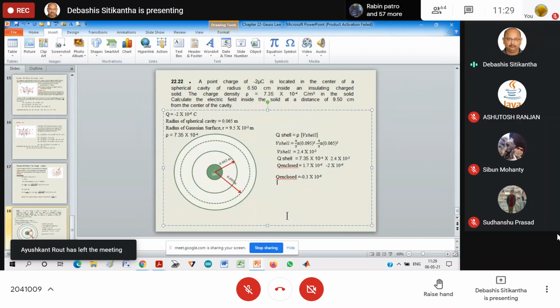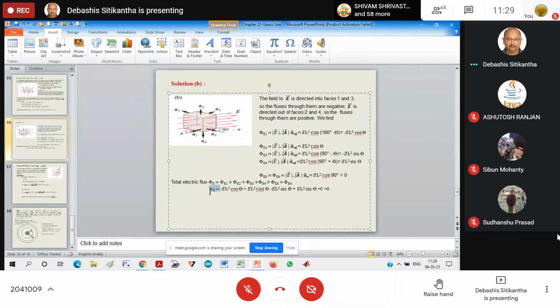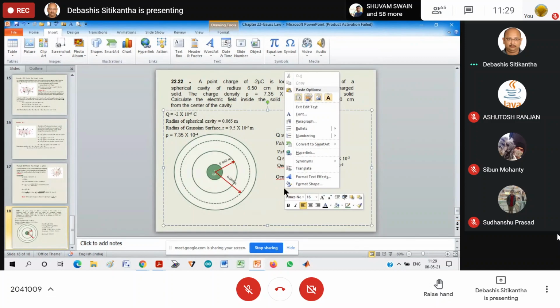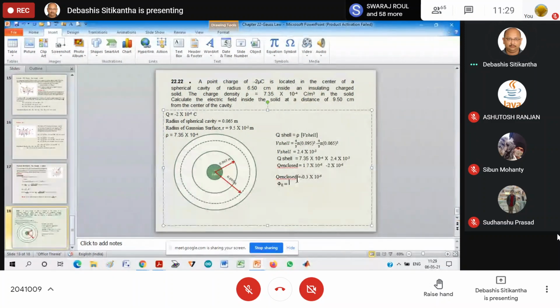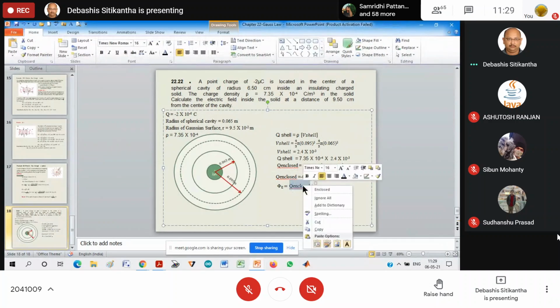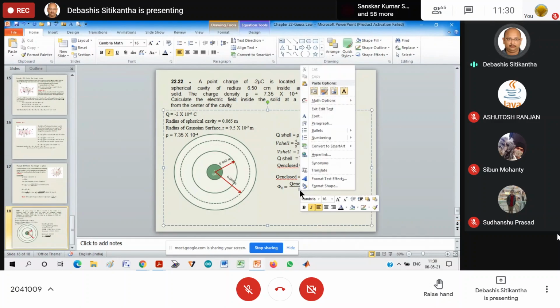So phi E is equal to Q enclosed by epsilon 0.